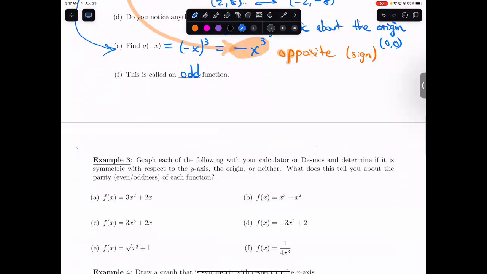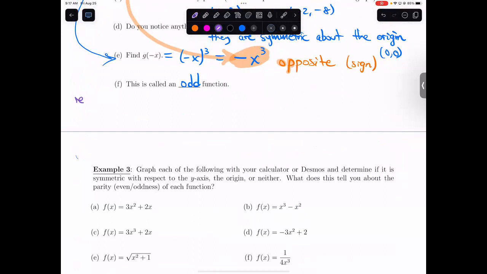Okay, so where'd my pencil go? Here we go. Quick recap. Even functions. All even functions have y-axis symmetry. All functions with y-axis symmetry are even, right? Those things are synonyms. They mean the same thing. They kind of give you a different perspective on it, but they tell you the same information.